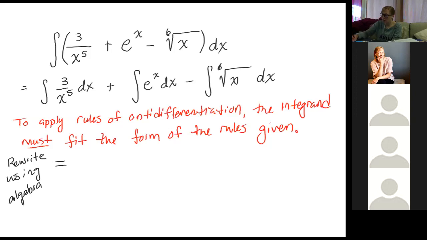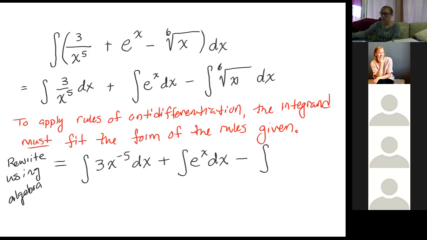This is equal to the antiderivative of 3x to the negative 5th dx plus e to the x, which is already in one of the forms for a rule that I have, so I don't have to rewrite that one, minus the antiderivative of the 6th root of x, which is the same as x to the 1/6 power, with respect to x.